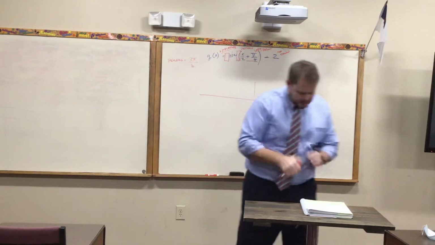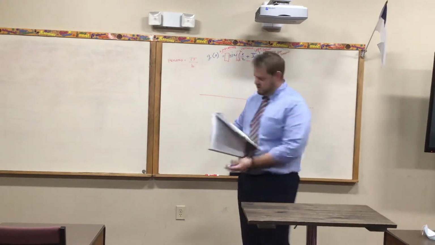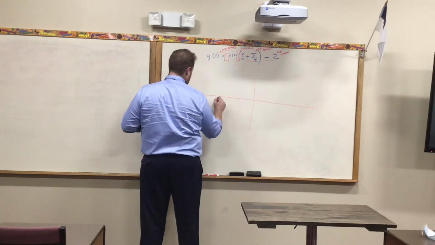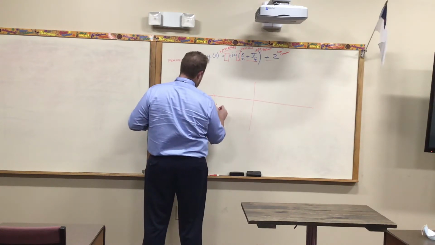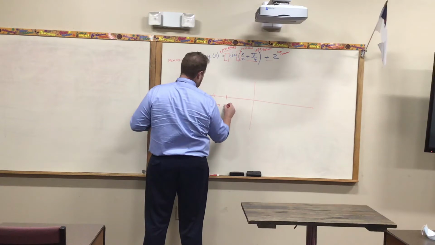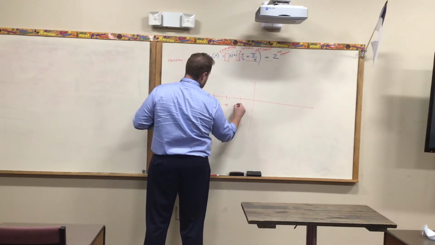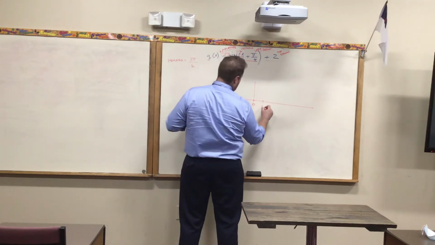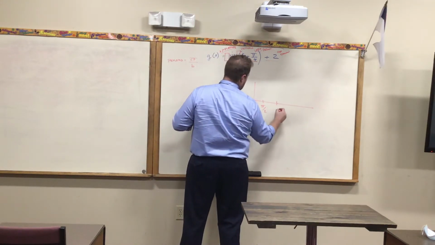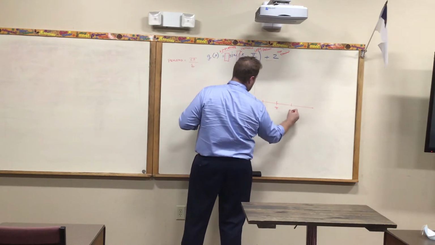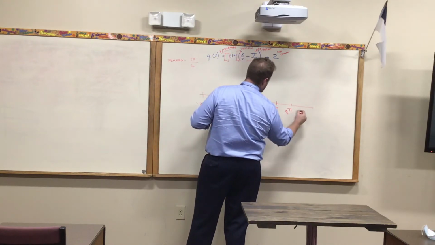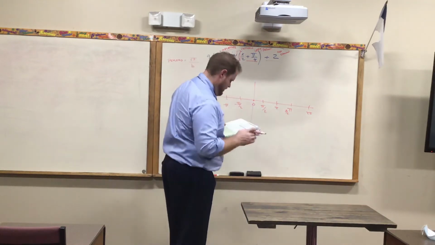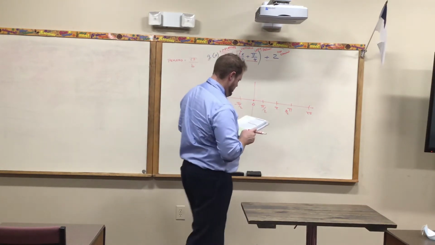And in here it says it wants us to graph it from negative 2 pi, negative 3 halves pi, negative pi, negative pi over 2, 0, pi over 2, pi, 3 halves pi, 2 pi, and it wants us to graph from there to 4 pi. Does everybody see that?